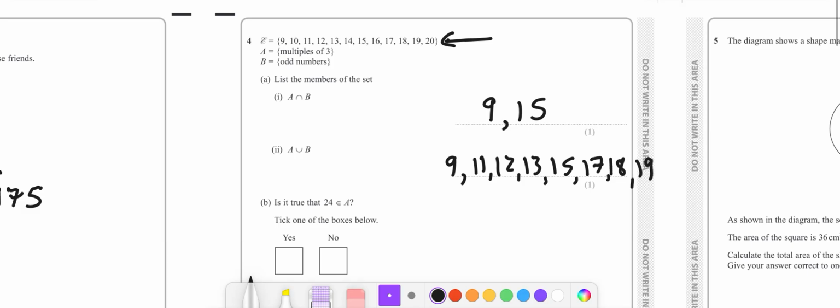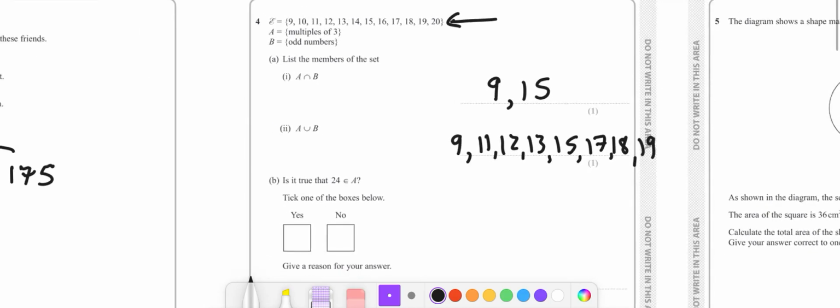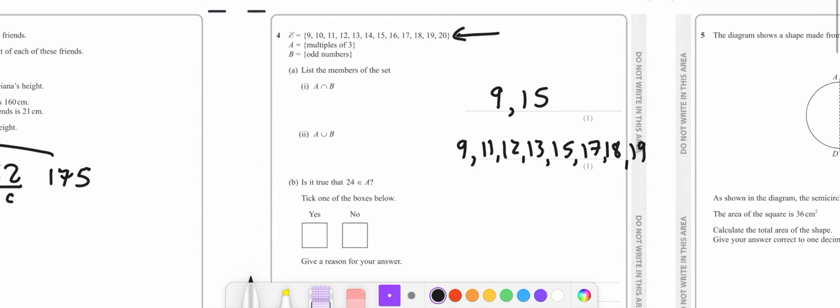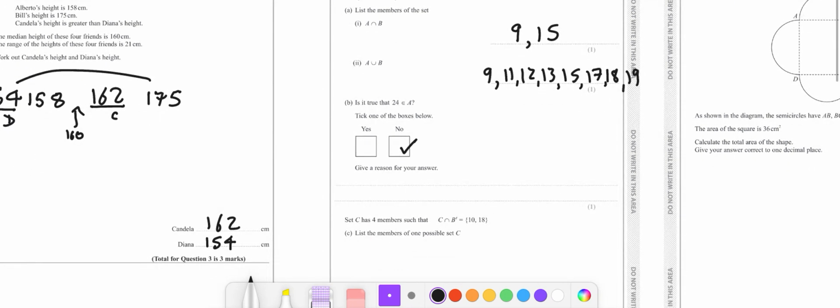There we go. Is it true that 24 is in A? No. Because 24 is not in the universal set.